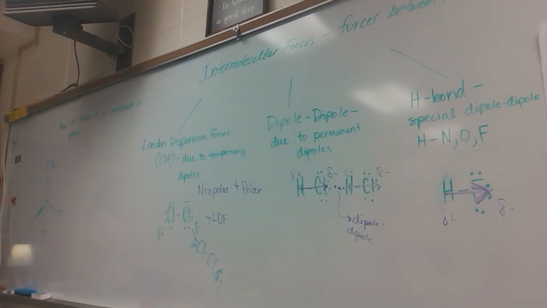We have to assign polarity to the bonds. Are these bonds polar, C to Cl? Yes, because one of them is more electronegative. Which one? Cl. So all of these bonds have a dipole pointing towards the chlorine.